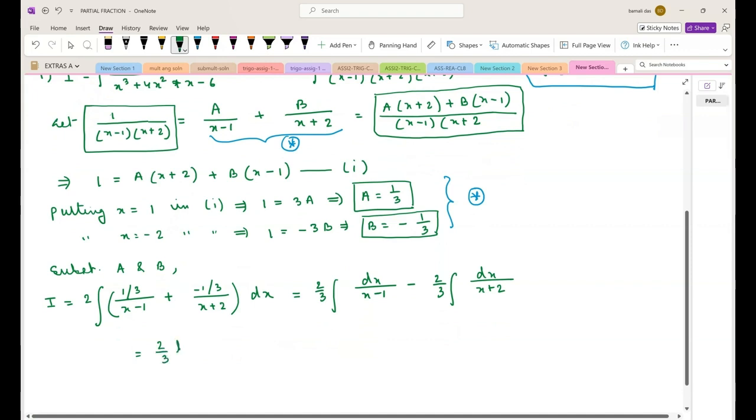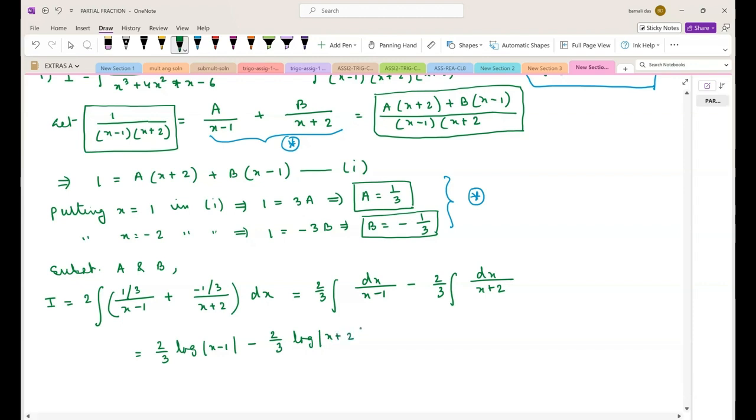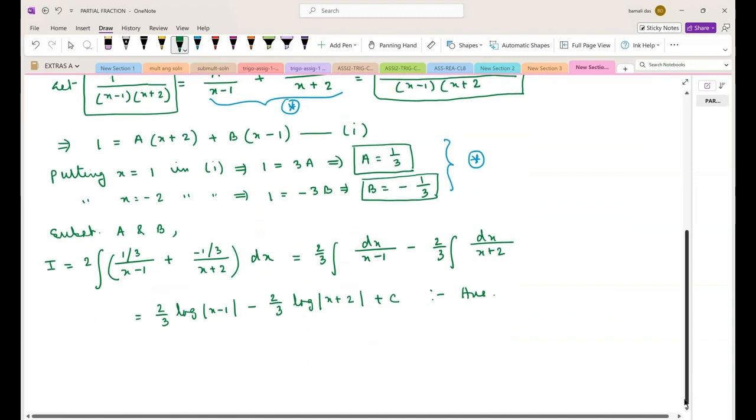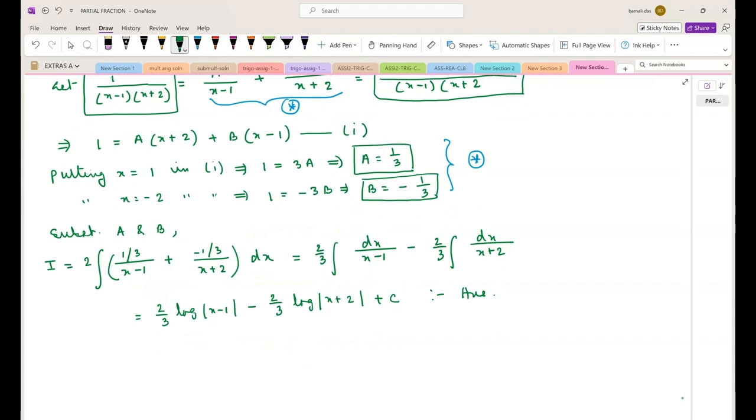It is log mod x minus 1 minus 2 by 3 log mod x plus 2 plus c. Now leave your answer here. Do not try to simplify this further using the properties of log, because that is not part of integration, that is optional. So even if you don't do that, you get full marks. So this is the main thing.